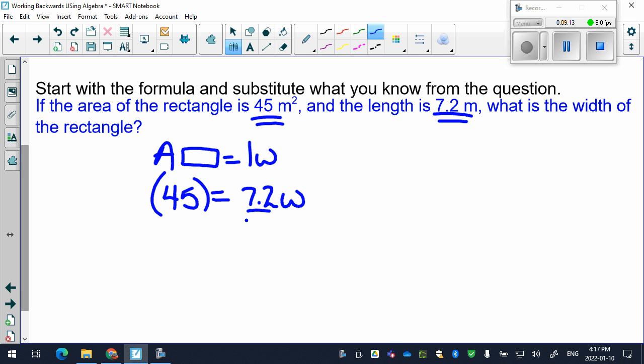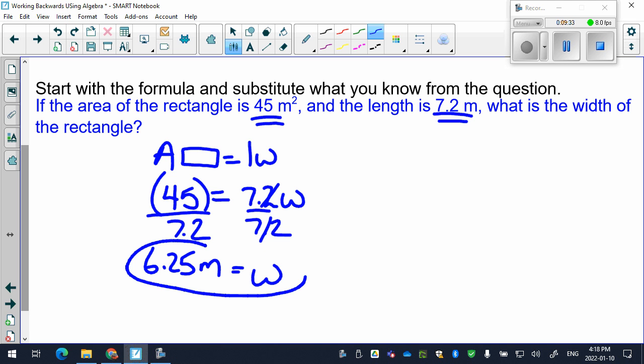So it was being multiplied, and we simply divide it from both sides to get rid of it. So the width is simply 45 divided by 7.2, and that equals 6.25, in meters.